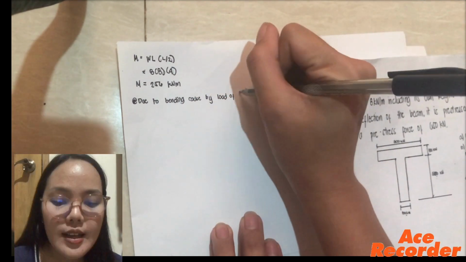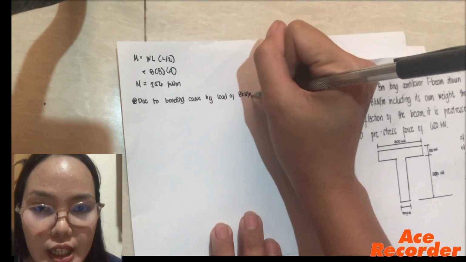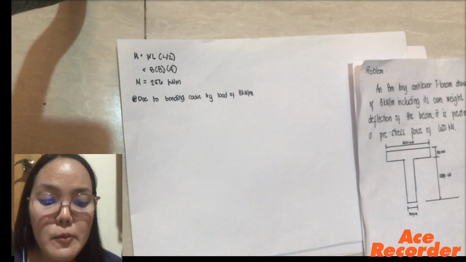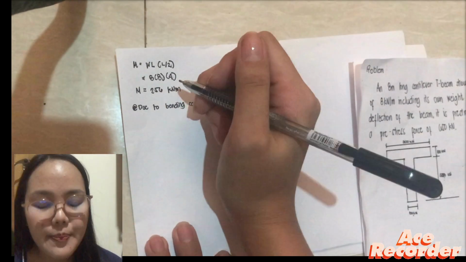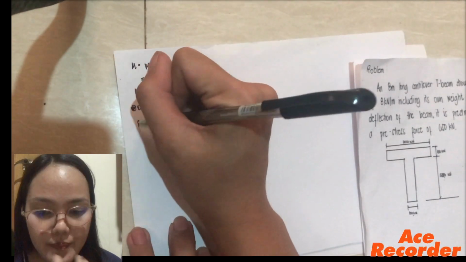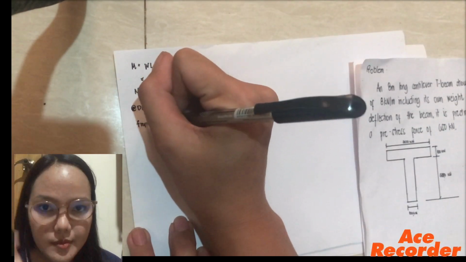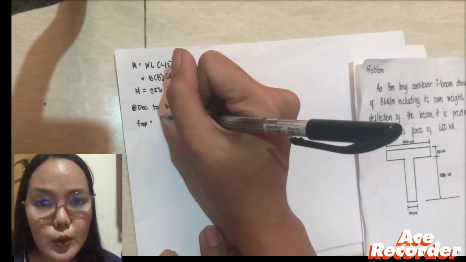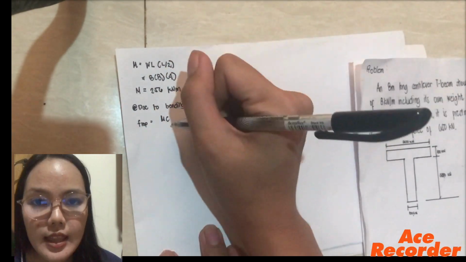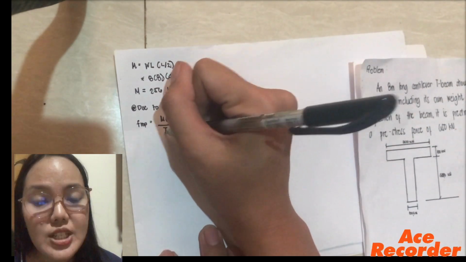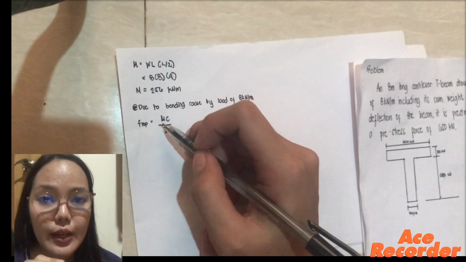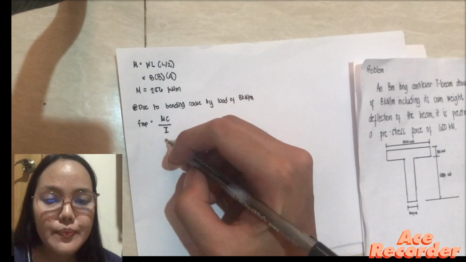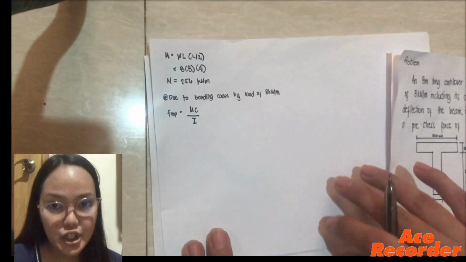Now, the formula is F sub top is equal to M, which is moment, times C, which is centroid, over I, which is moment of inertia.